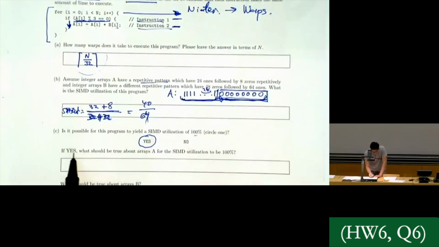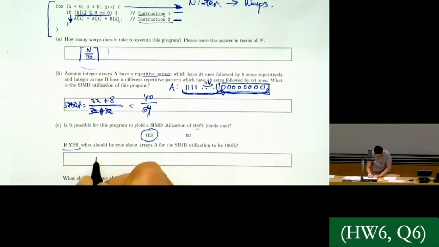So the answer in this part, if yes, what should be true about array A for SIMD utilization to be 100%, is two possibilities.